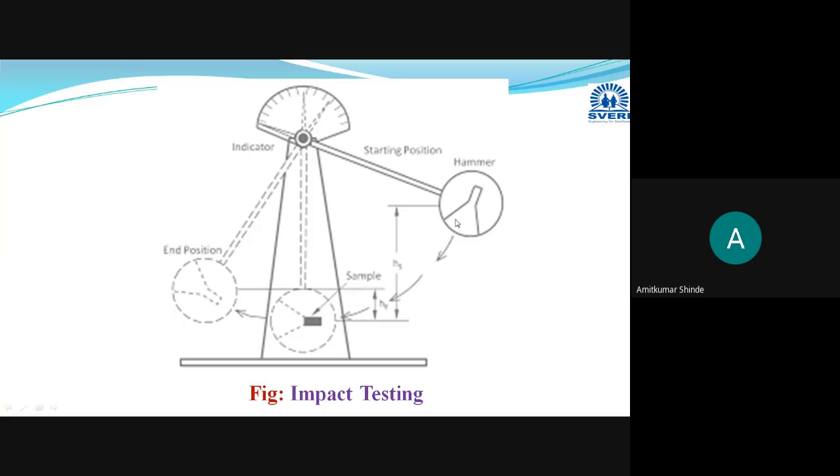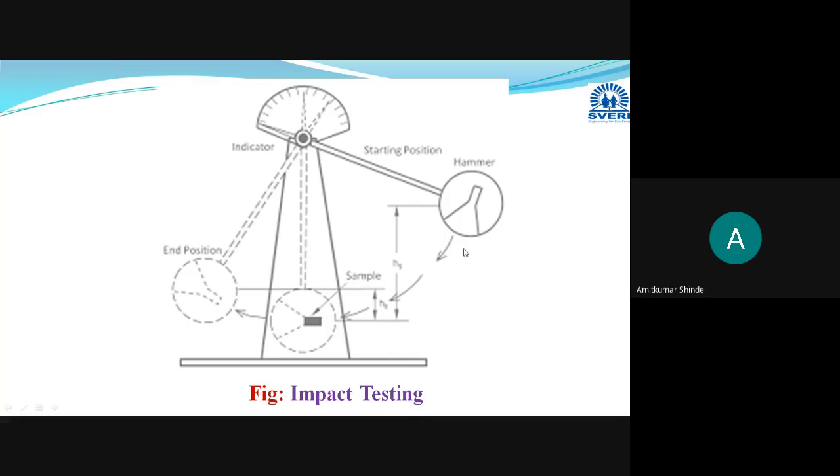In the first stage, before conducting the impact testing, you have to prepare the specimen in the given standard dimensions. Here you can go for the Izod impact test or Charpy impact test, but generally for plastic materials we use the Izod impact test. Now, what are we actually going to do in this impact testing?